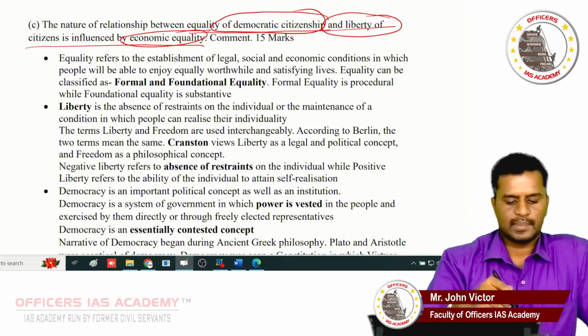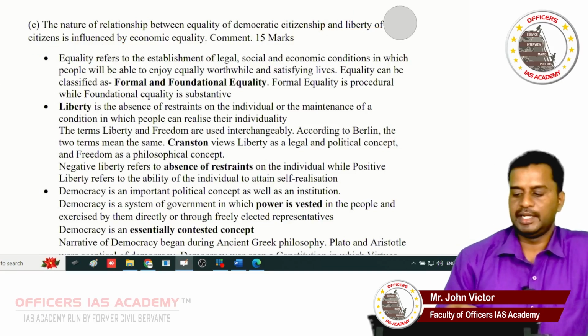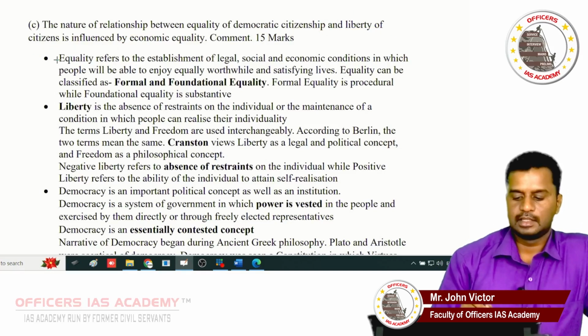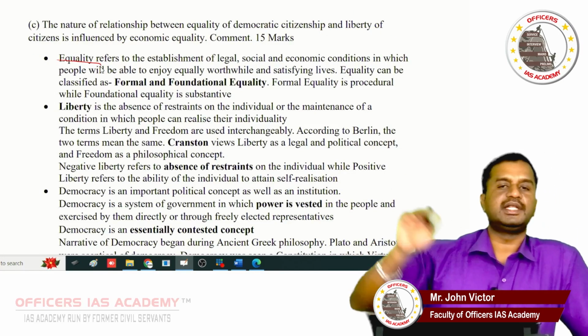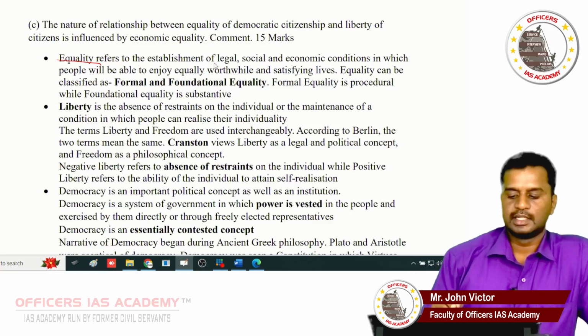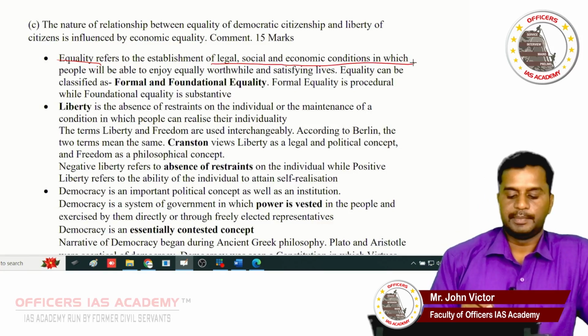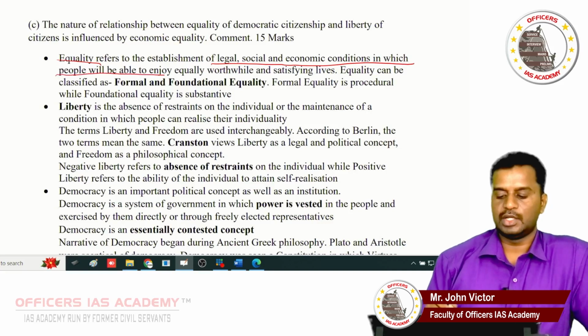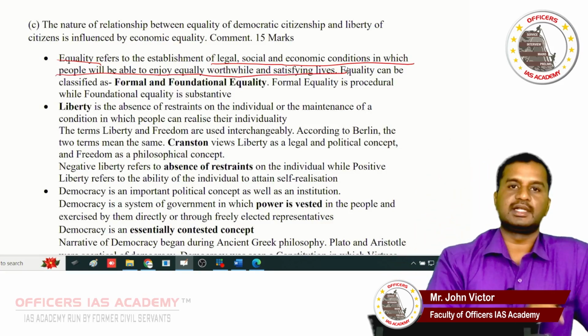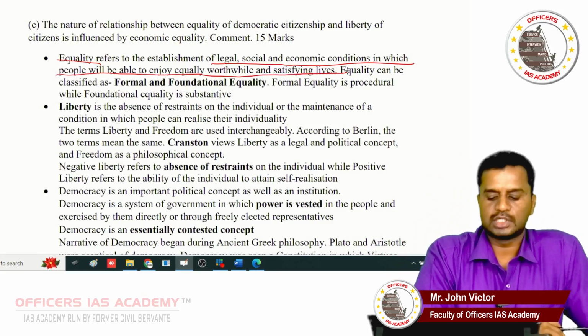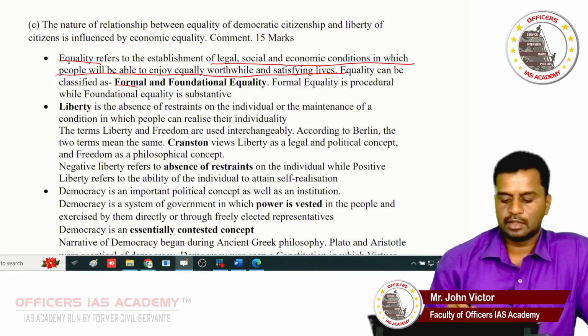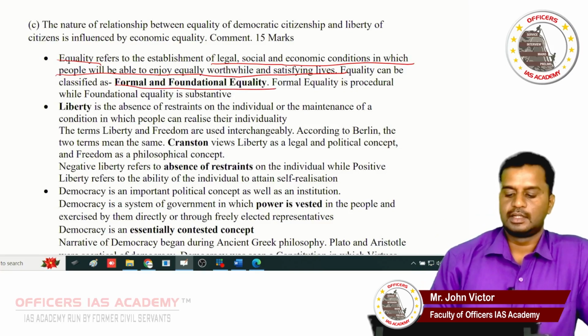It's very simple. First, explain the meaning of equality. Equality does not mean uniformity in political science. It means establishment of legal, social, and economic conditions in which people will be able to enjoy an equally worthwhile and satisfying life. This is equality. There are two types of equality, formal and foundational.